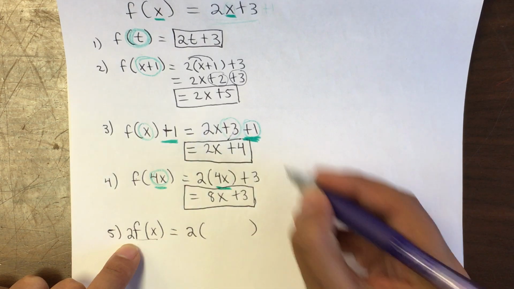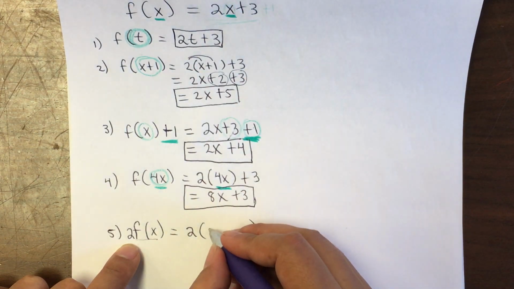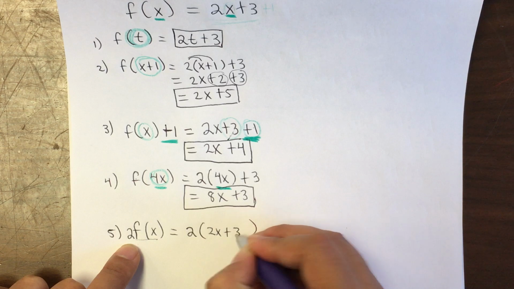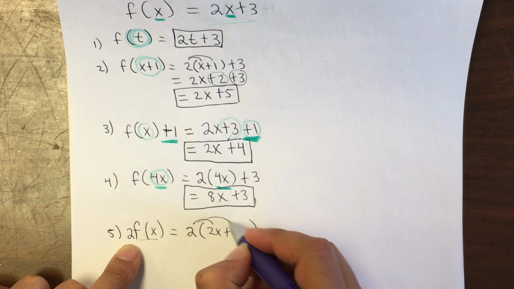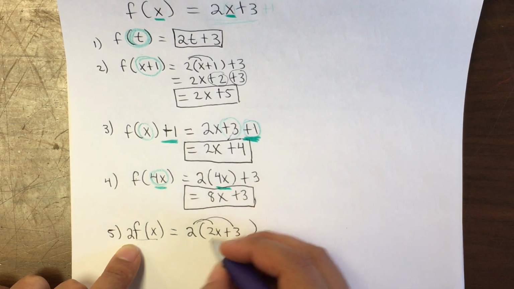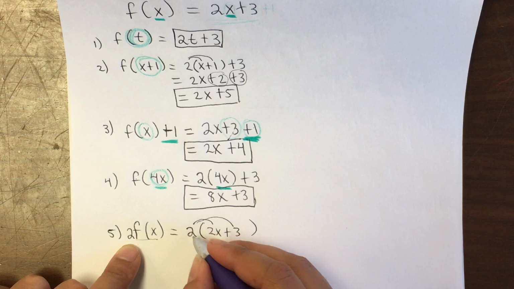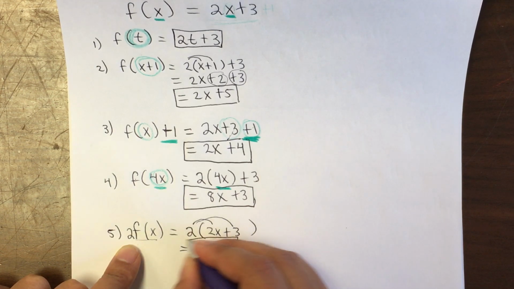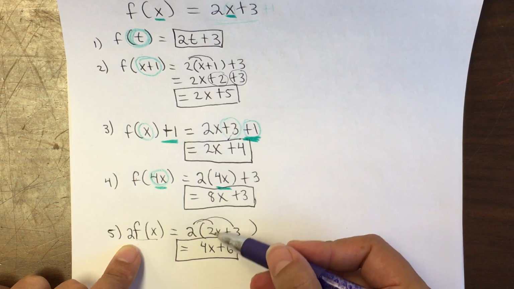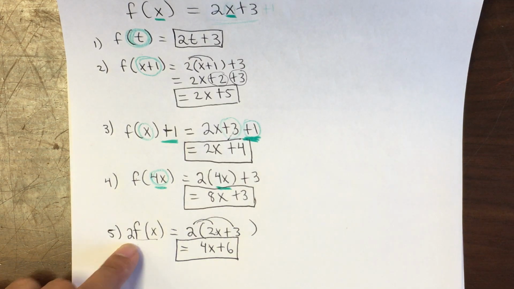So I'm going to put everything inside of the parentheses, multiply by the 2, doubling it. And so I do distributive property. 2 times 2x is 4x, 2 times 3 is 6. So when I double everything, now if you can see, I have twice as much.